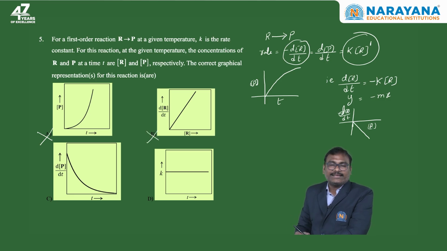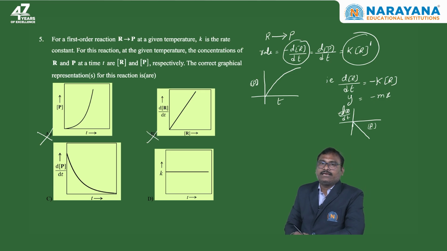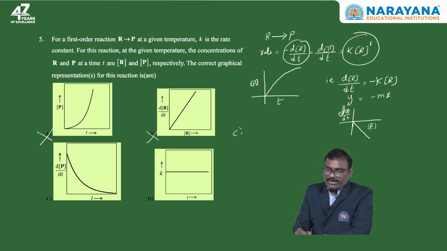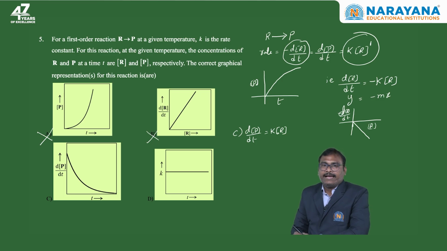Let us go for option C, that is dP/dt versus T. dP/dt is equal to what I have given? K into reactant concentration at time T. According to first order kinetics, the reactant concentration at time T is equal to R naught into e power minus KT.